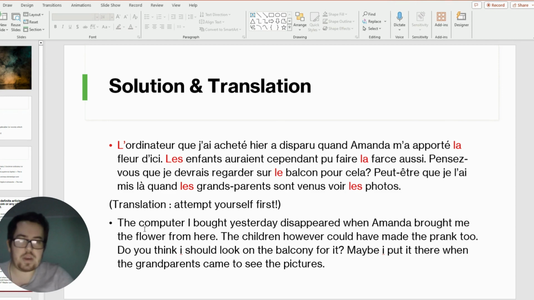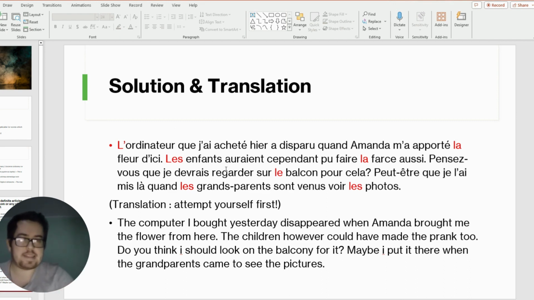La fleur, the flower. D'ici means from the, ici, here, right? So we're going again. The computer I bought yesterday disappeared when Amanda brought me the flower from here. L'ordinateur que j'ai acheté hier a disparu quand Amanda m'a apporté la fleur d'ici.